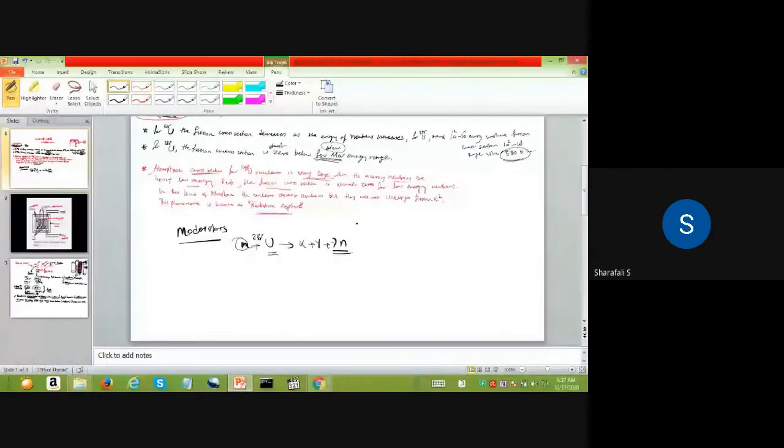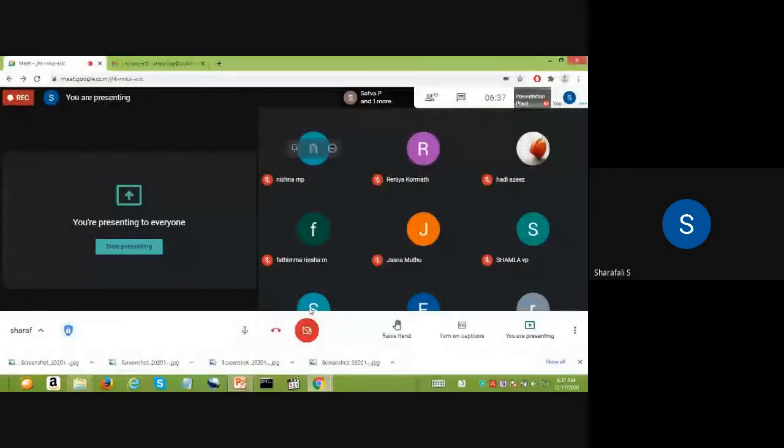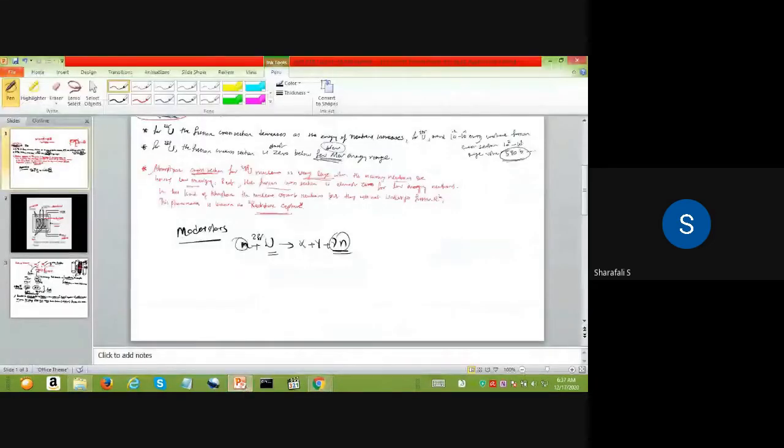After that, the neutrons which are produced in the fission reaction will be used for the next reaction.